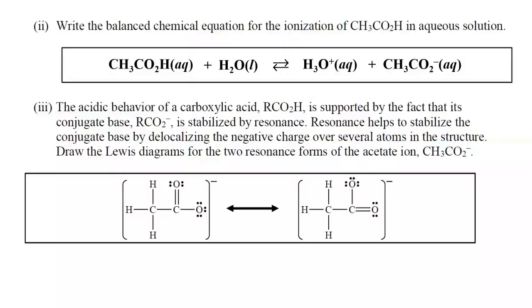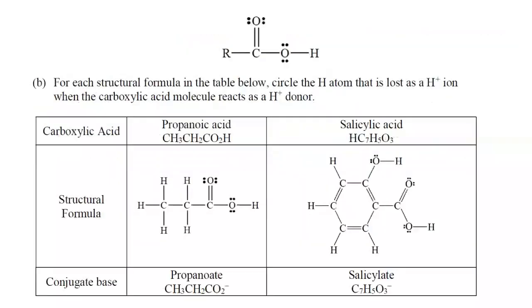So the actual structure of the acetate ion is a hybrid or an average of these two Lewis diagrams. Again, resonance helps to stabilize the conjugate base or the acetate ion by delocalizing the negative charge over several atoms in the structure. Now, on to part B of this question.